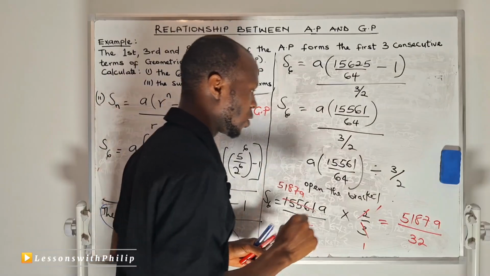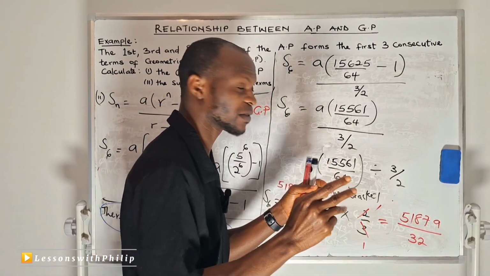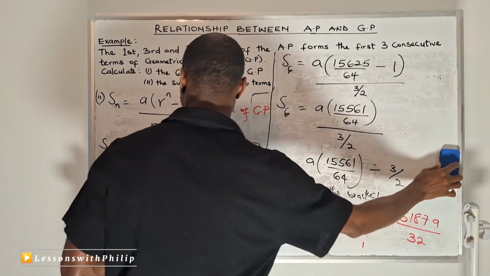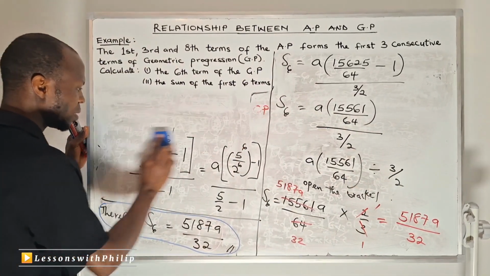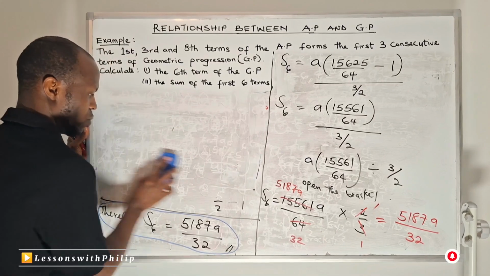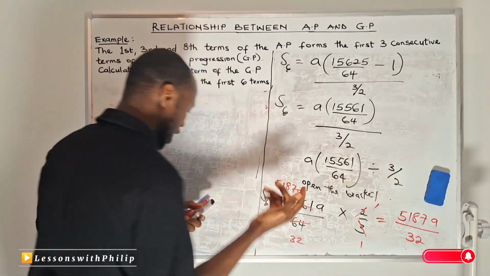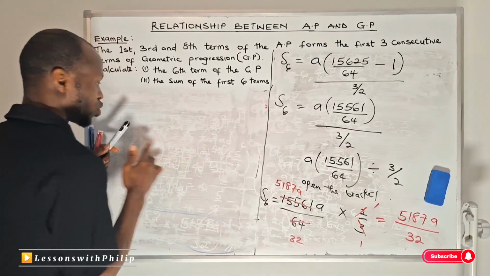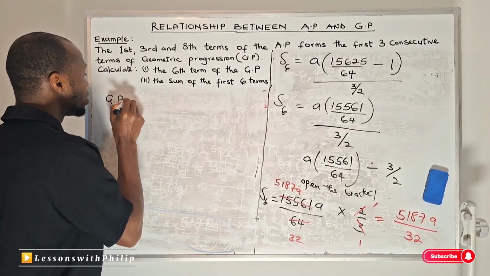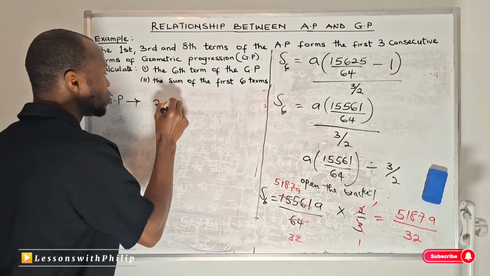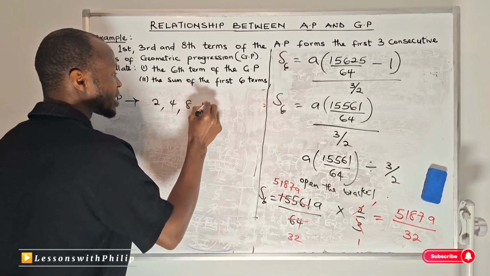All right? Okay, now you must understand that when we have 3 consecutive terms of GP, let me just give an example. Let me clean this place. Okay, now when we have 3 consecutive terms of GP, as we have explained earlier, let's say we have a GP 2, 4, 8, 16.